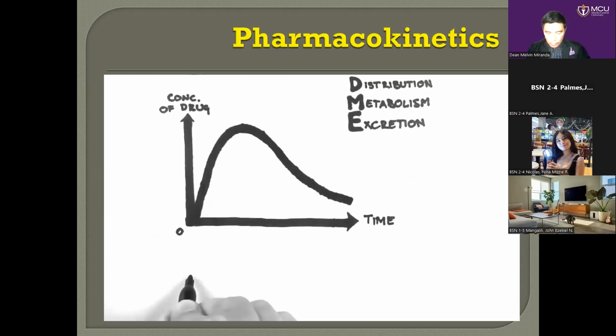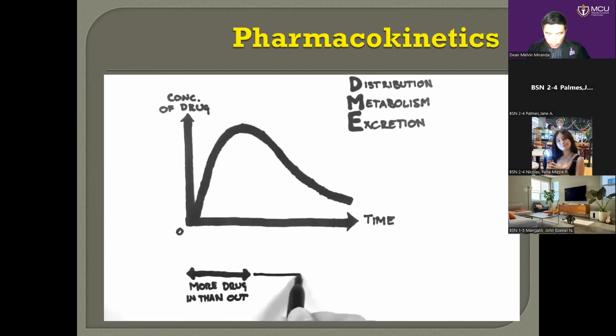Looking at this graph, we can see that in this section, the drug enters the body faster than it is being removed from it. Therefore, the concentration of the drug in the body increases. Then, after the peak of this graph, the drug is being removed from the body faster than it is entering. So the concentration of the drug in the body starts decreasing.